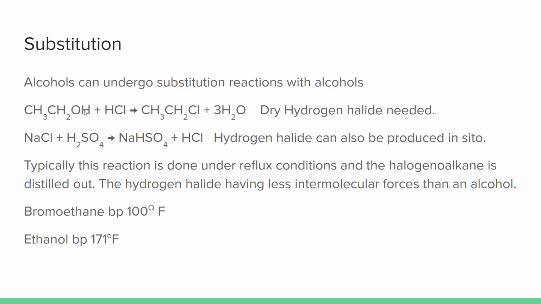So this would be an example of nucleophilic substitution. And when we have that acting as a nucleophile, it'll exchange off with the oxygen, the alcohol group, and we'll be able to make our new halogenoalkane based off of that.